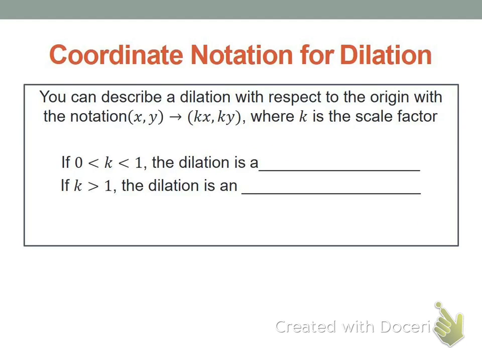You can describe a dilation with respect to the origin with the notation (x, y) goes to (kx, ky), where k is the scale factor. So what's happening between k and x and k and y? What operation? Multiplication. We are multiplying the coordinates by the scale factor. If 0 is less than k is less than 1, let's think about what that means. What kind of numbers would be in between 0 and 1?